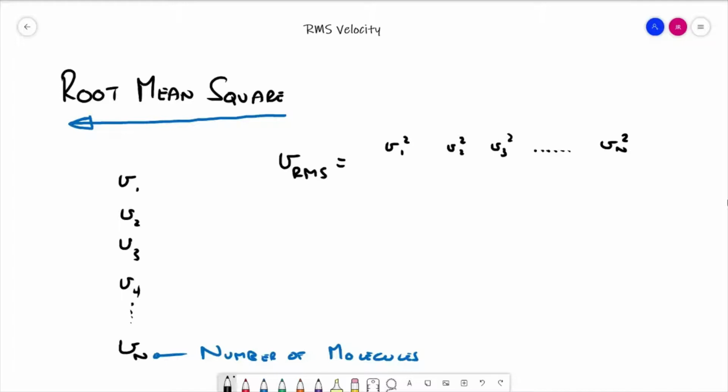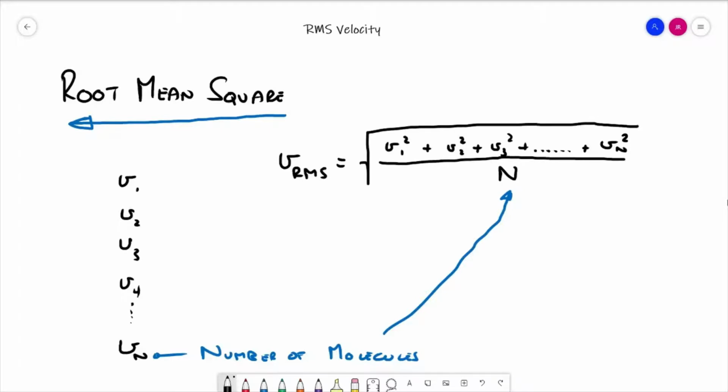Next, we're going to take the mean. So we're going to add them all together. And of course, to take the mean, we're going to divide by the number that we've got. So we're going to divide by n, the number of molecules. And then finally, we're going to take the square root.